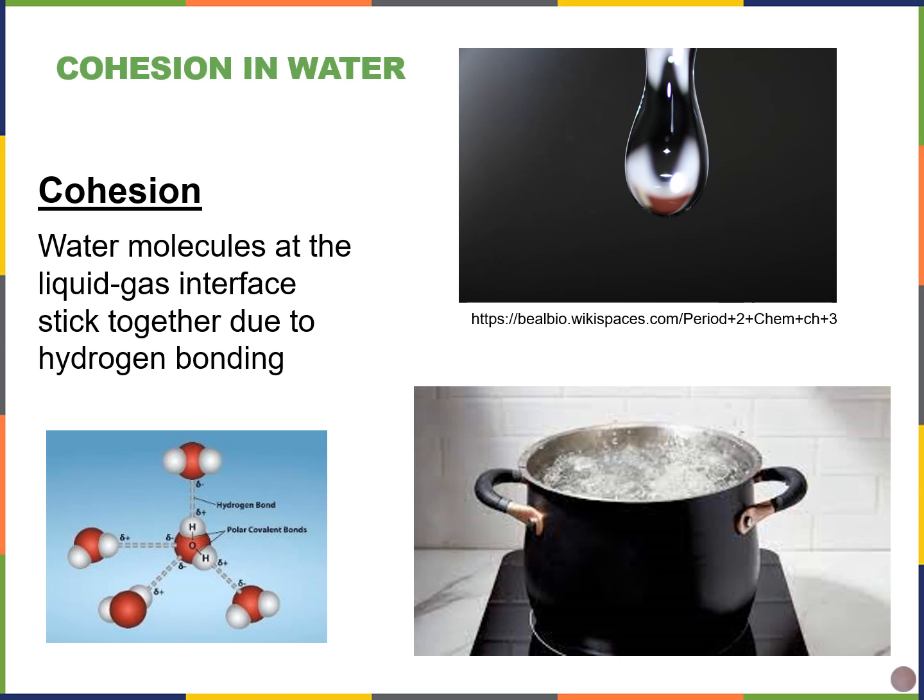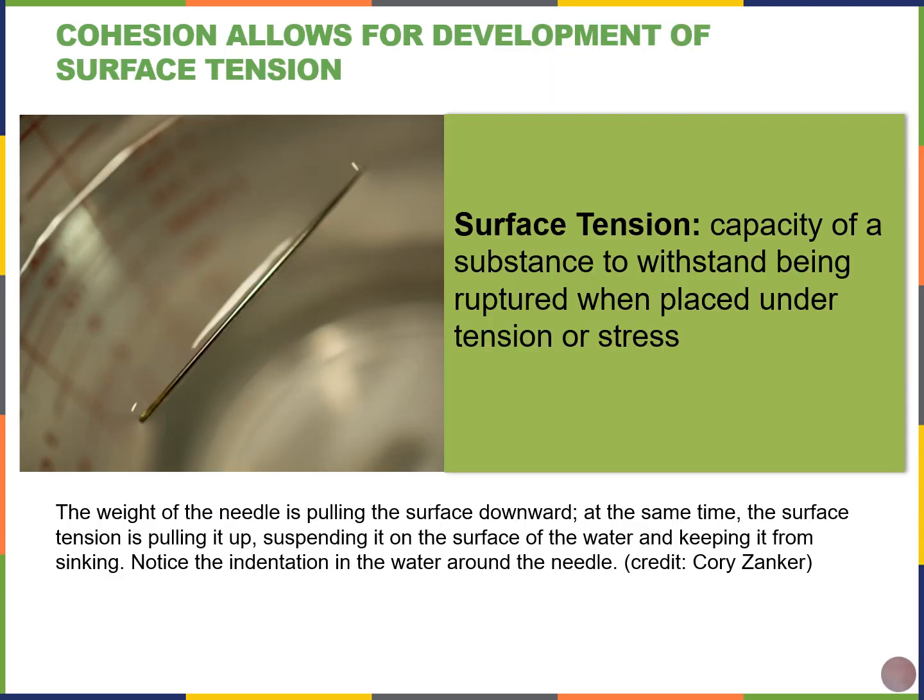It takes a lot of work for me to get them to release one of the water molecules into a gas state. And that cohesion, those water molecules bonded through hydrogen bonds, allows the formation of surface tension. So certain things can be placed on top of a surface of water without falling through.